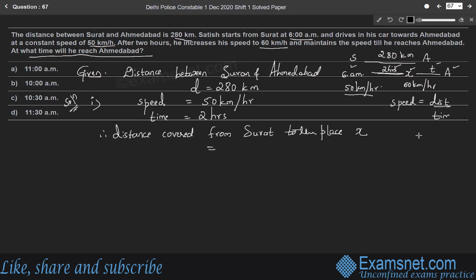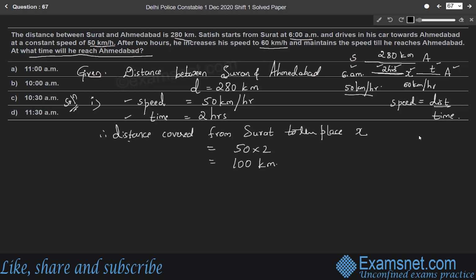Here speed and time are given, therefore distance is speed into time, which is 50 into 2, that is 100 kilometers. So Satish traveled 100 kilometers in 2 hours with the speed of 50 kilometers per hour, right?